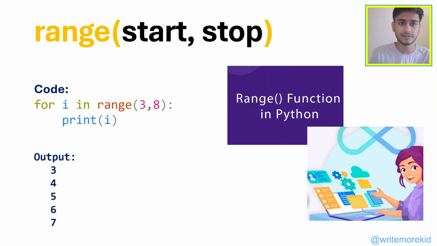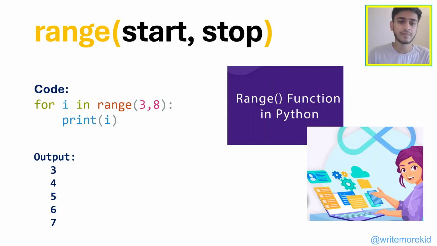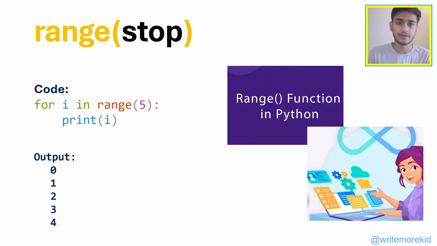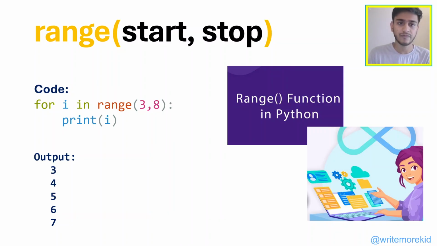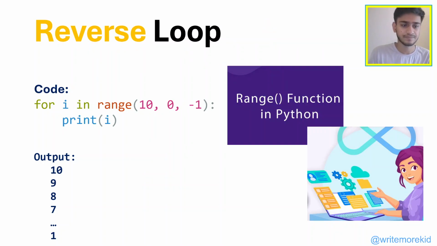Later on, all three types of range function, like how you can pass different arguments to it. Either you can just pass a stop value, or you can pass start and stop, or you can pass start, stop, and step. These were the three different ways you can use it. Then we learned how you can reverse the loop using range itself.